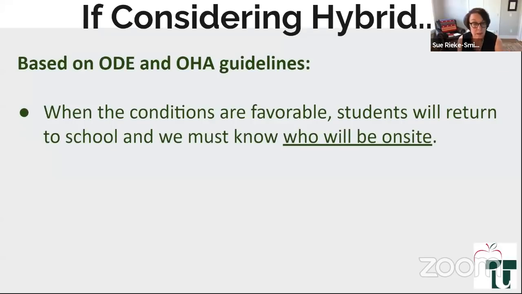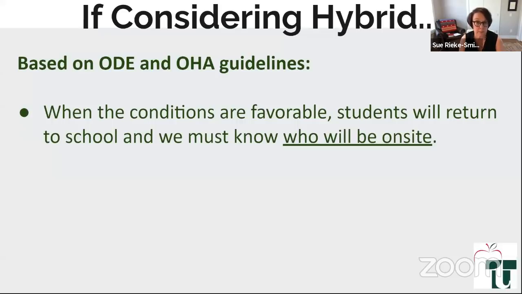Thank you, Carol. So if you are considering hybrid, and what that again means is that you want your child to experience learning in the classroom when it is considered safe to do so, based on ODE and OHA guidelines, we need to know who will be on site, who wants to be on site at some point, so that we can form the cohorts, small groupings of students.